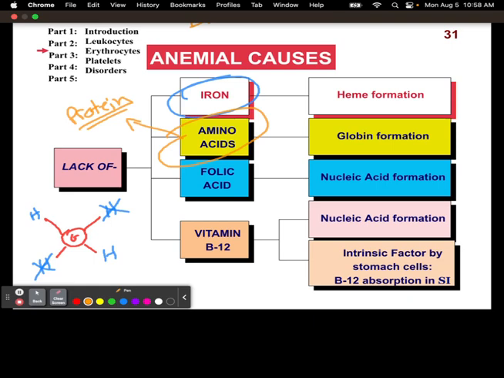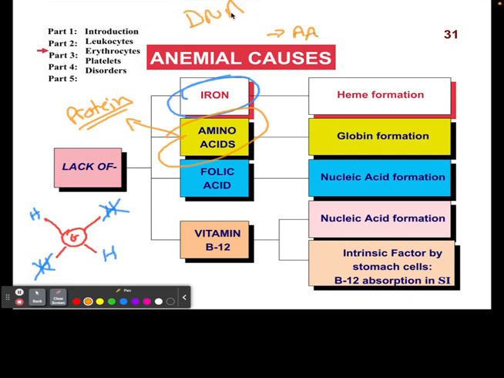I'm going to take that recipe, follow the instructions, and create a cake. The amino acids are all the ingredients of the cake. If you put all those ingredients together, you get protein, and that is what you create.